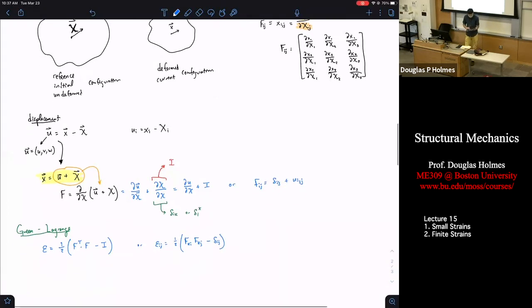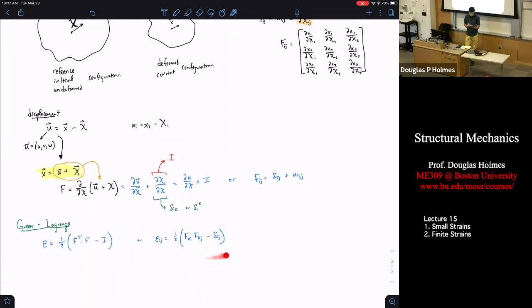I find this calculation to be easier to do in index notation because my brain kind of craps out when I think about direct notation. So we're going to do it in this one on the right here. So all I need to do is take this thing and insert it here with the appropriate change of letters. And so I would say that my Green finite strain tensor looks like, let's do this with a square bracket.